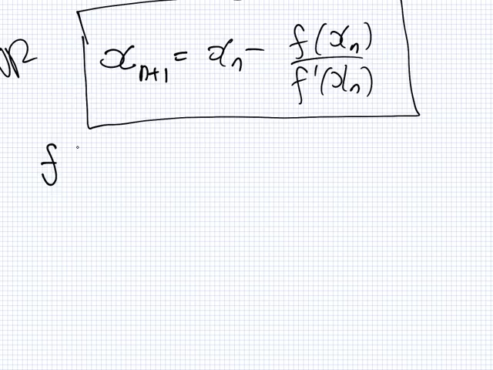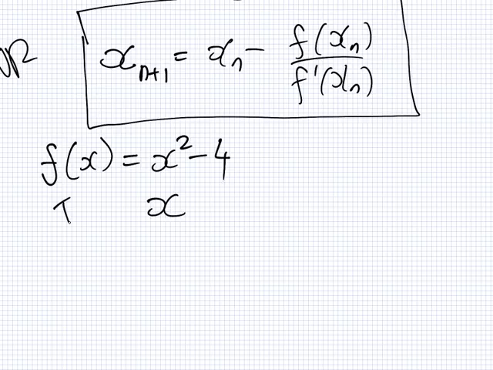Let's pick an example where we know the answer, okay? So, suppose I want to solve this equation. What are its roots? What are its solutions? Plus or minus 2. Yeah? Let's pretend I didn't know that and I just totally guessed the answer and I say, I'm going to try 10.